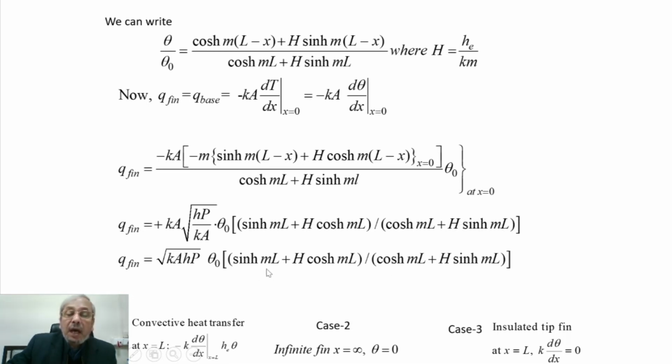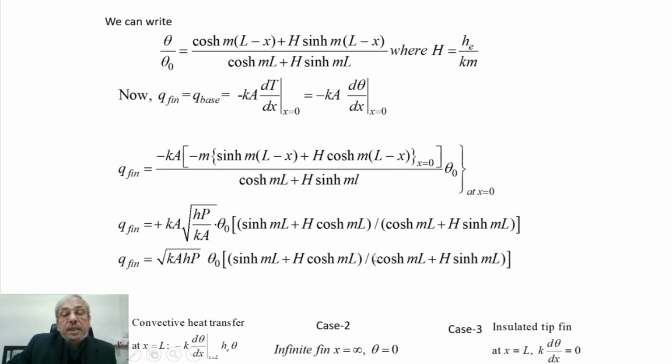So this is the consolidated expression for Q fin. Root over kAhP, k is the thermal conductivity, A is the area, h is the heat transfer coefficient, P is the perimeter. Root kAhP into theta naught multiplied by the hyperbolic function, which is sinh mL plus H cosh mL divided by cosh mL plus H sinh mL.